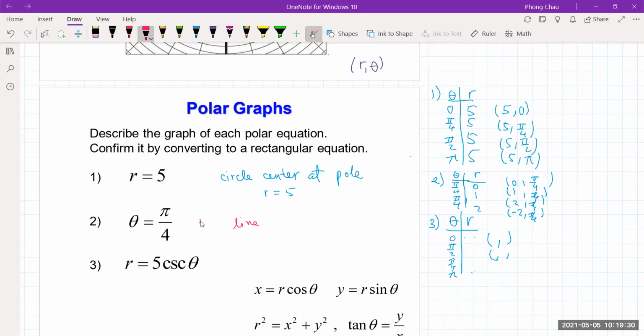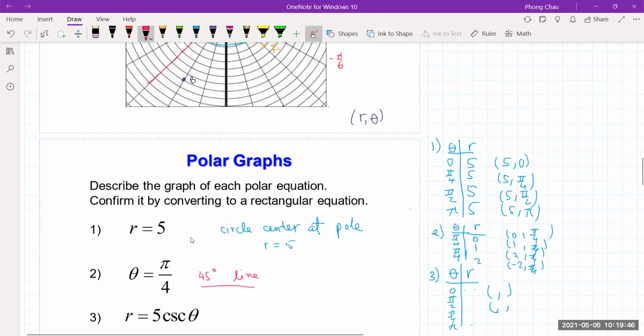45 called 45 degrees line. Okay. Now again, these are new because these equations are new involving r and theta. Oftentimes in algebra 3, I have no idea what this is going to look like. So the best way to do is we want to convert this back to the familiar type equation.